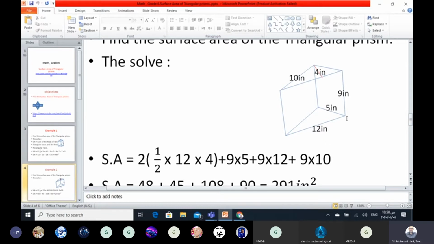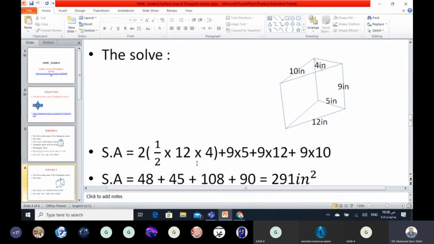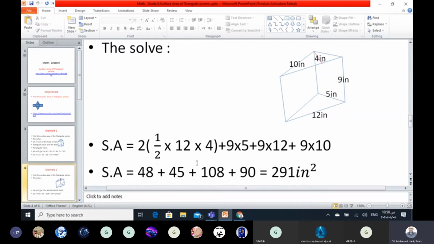Then I will add the areas of the three rectangles on the sides. So start with the rule of the triangle. As you know, to solve the area of the triangle, the rule is 1 over 2 multiplied by the base multiplied by the height.